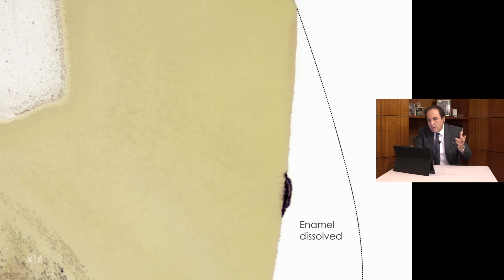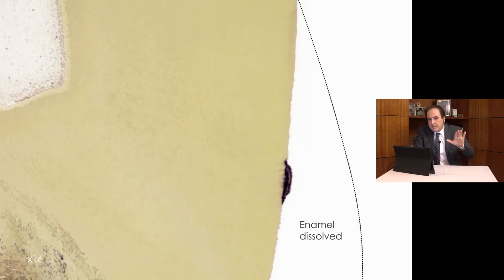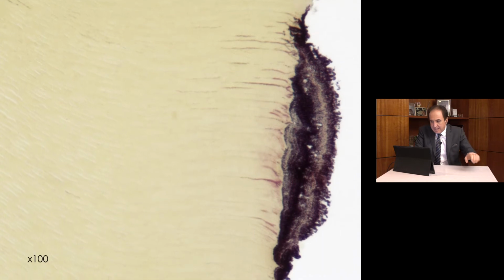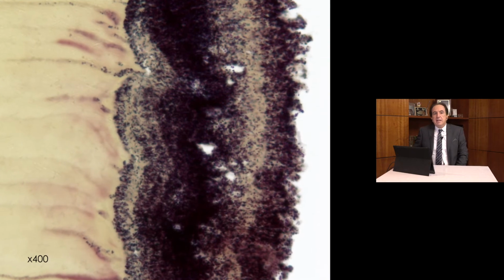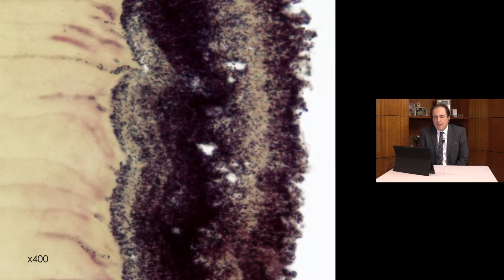But the idea was that in non-cavitated lesion, there would be no bacteria in the enamel. That was the idea. And recently, some colleagues proposed what they call micro-invasive techniques, consisting of acid etching of the superficial enamel, followed by infiltration with some fluid resin, and this treatment would block and would isolate the enamel from the superficial bacterial biofilm.